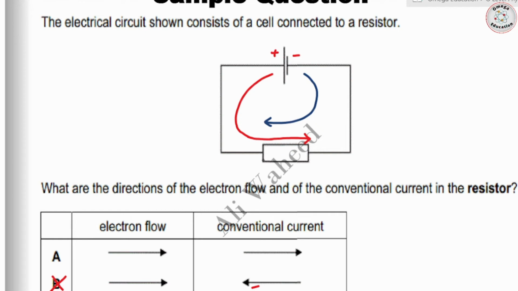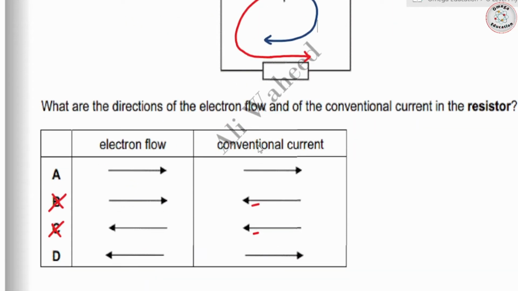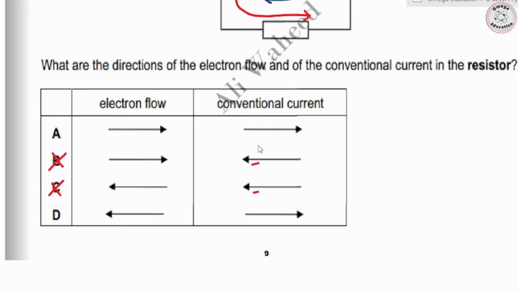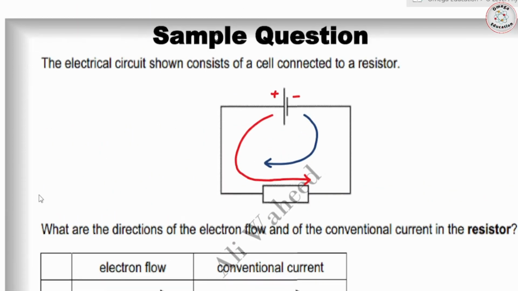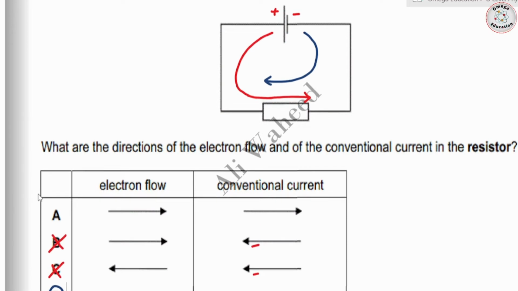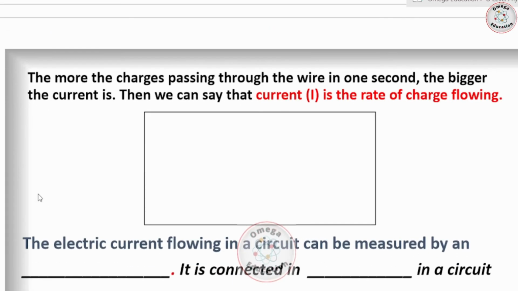So through the resistor, the direction is towards the left for electron flow. So it has to be option D. And the rule of thumb is conventional current and electron flow cannot be in the same direction for the same component. Anyway, moving on to the next one.